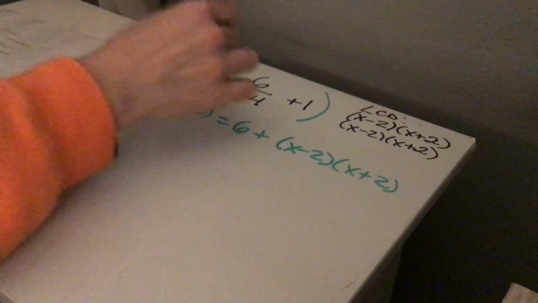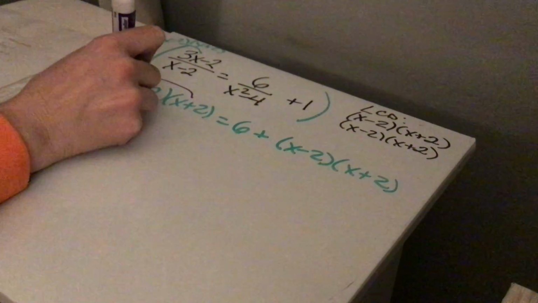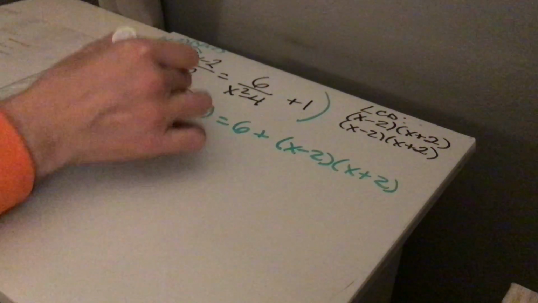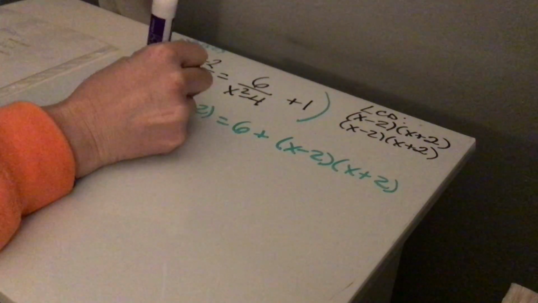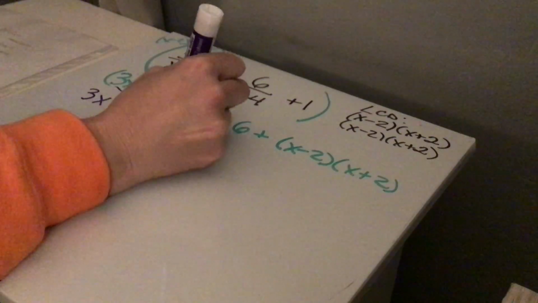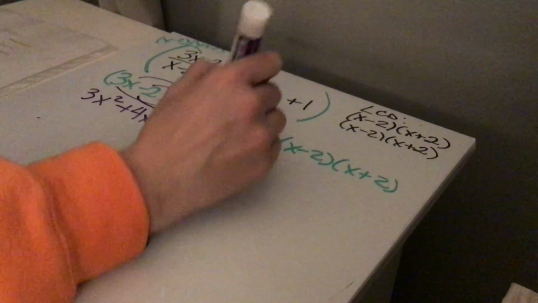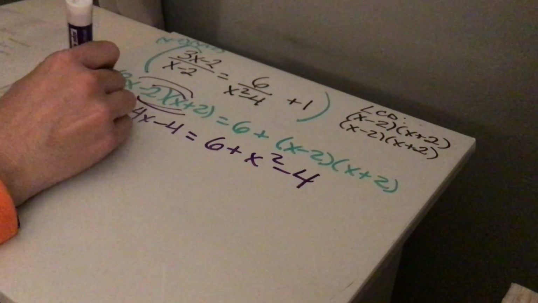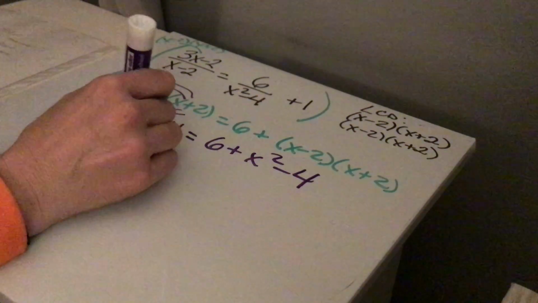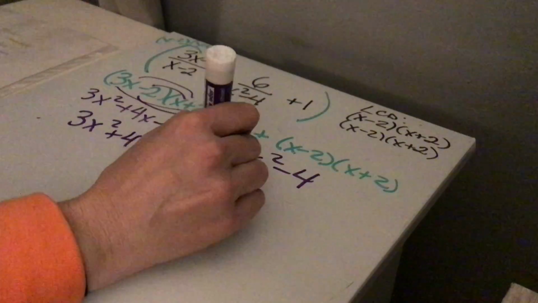We get 3x times x is 3x squared plus 6x minus 2x is plus 4x minus 4 equals 6 plus x squared minus 4. Simplifying one more time, we get x squared.